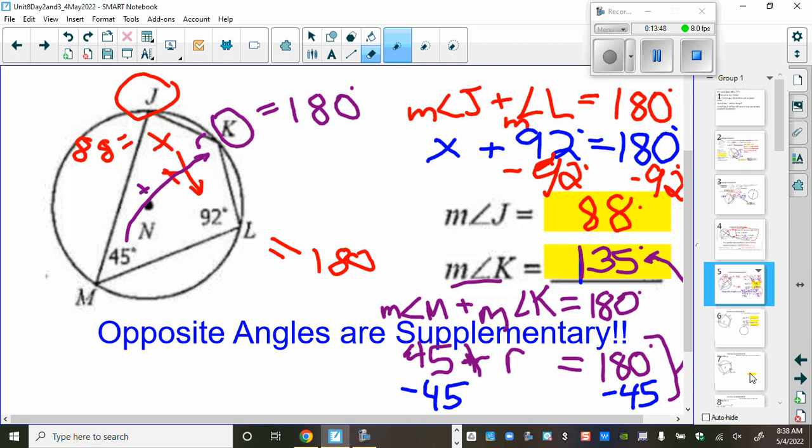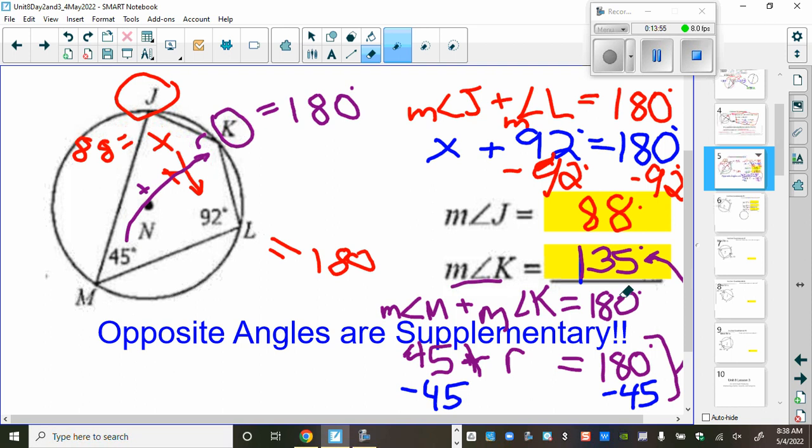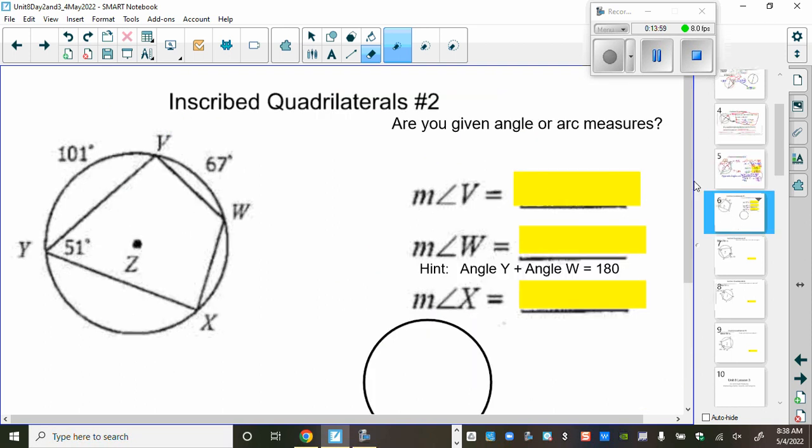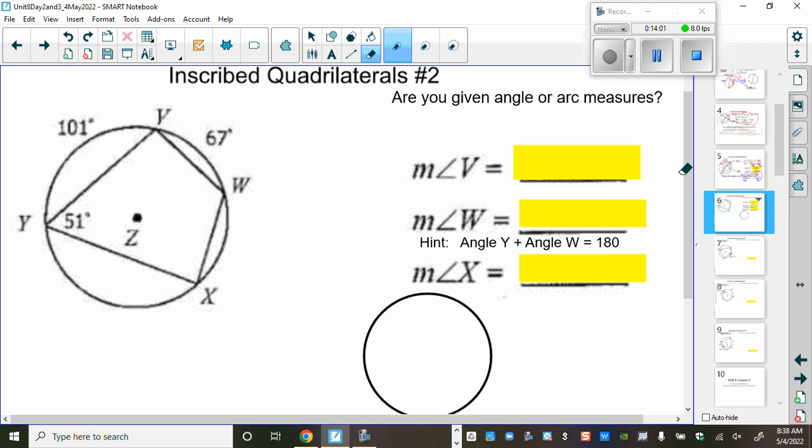All right. So here we go with the last couple problems, and then we'll go from there. All right, this one. All right, take out your Unit 8, Lesson 2.